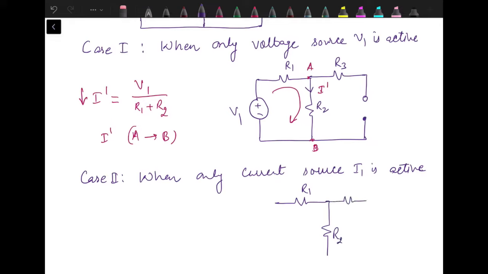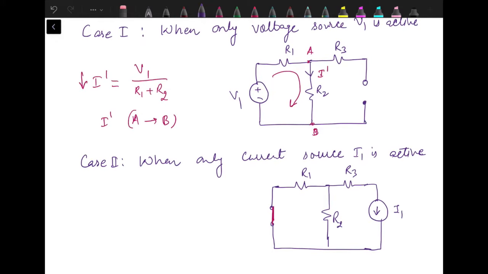Voltage source has to be replaced by its internal resistance. Now what is the internal resistance of an ideal voltage source? It is 0. So voltage source is replaced by short circuit. We will replace it by short circuit and this will be the circuit.